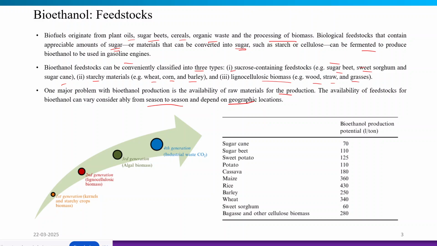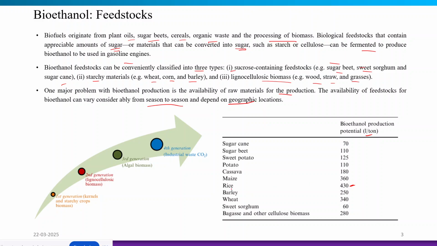So you can see this is one simple example of how bioethanol production, in liters per ton of the sample or the feedstock, is differing. You can see the maximum is happening for rice.